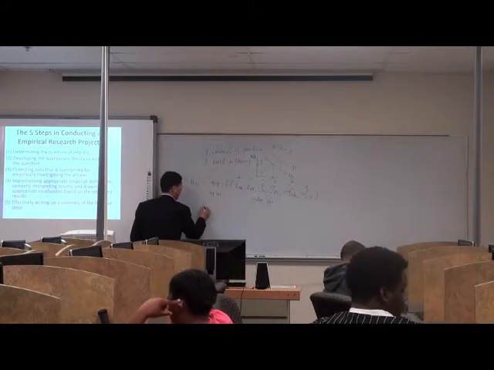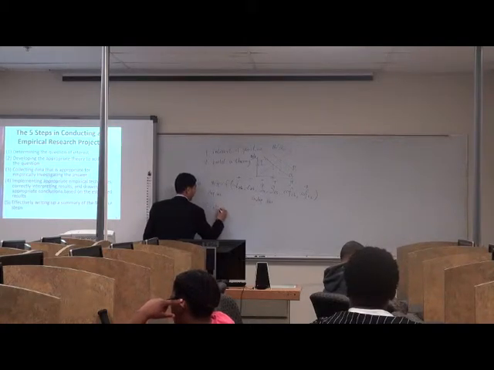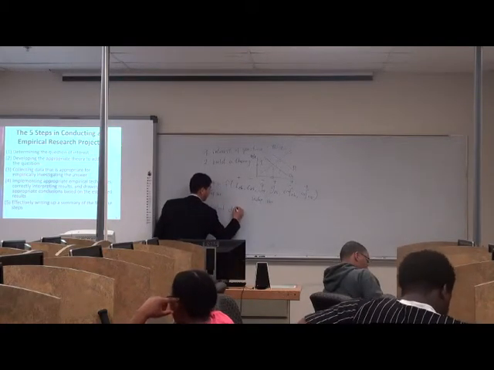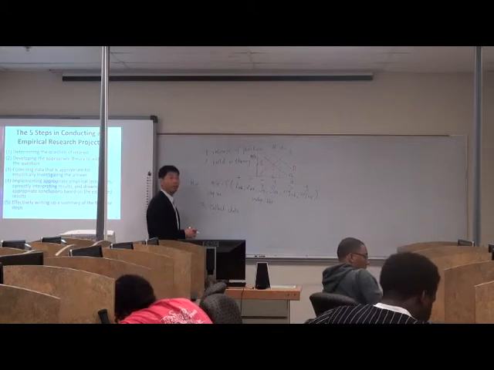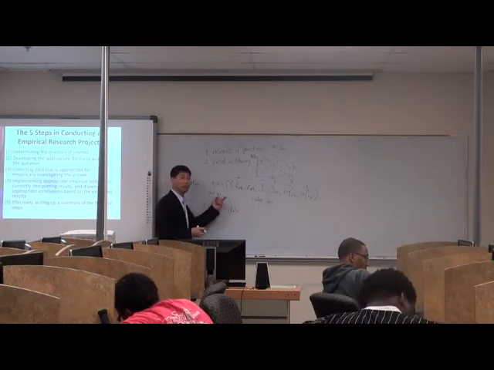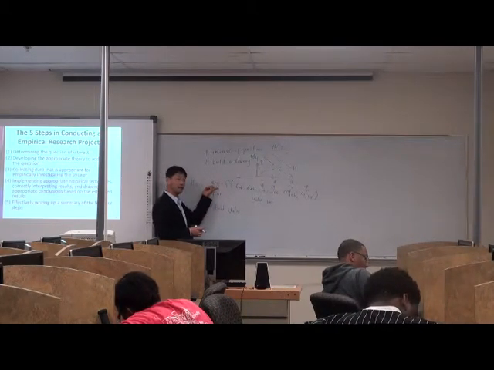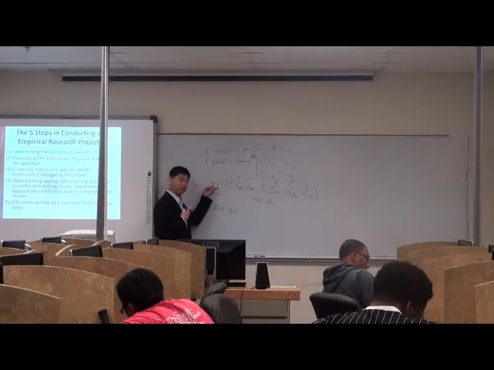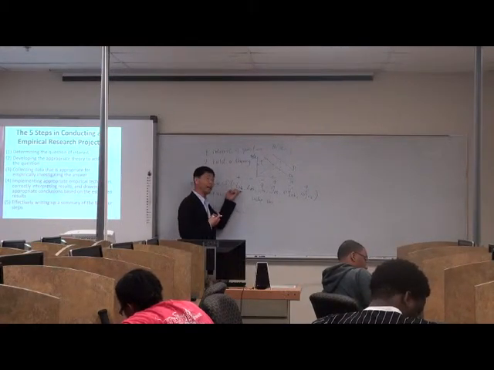So in step 3, we try to collect data. What kind of data do we need to collect? First, we need to collect the exchange rate. And we need to collect the Chinese interest rate.